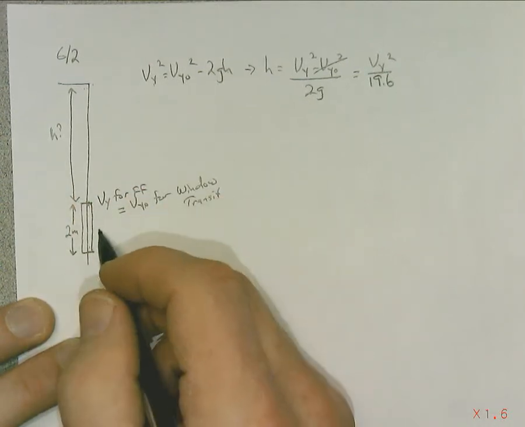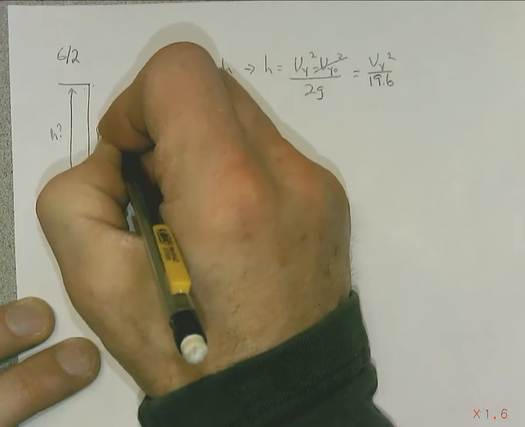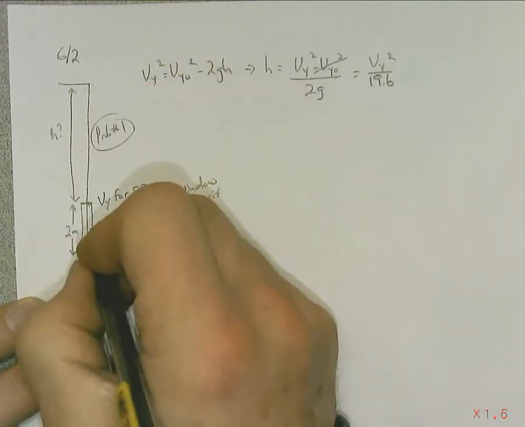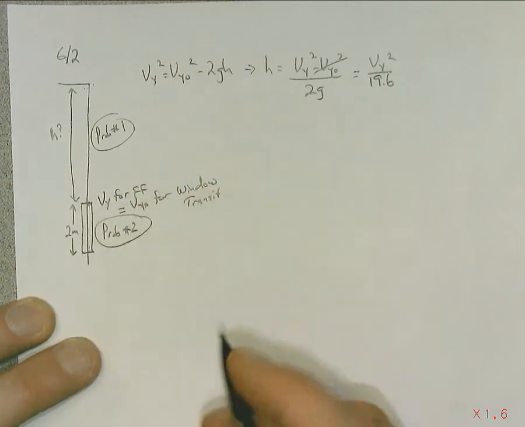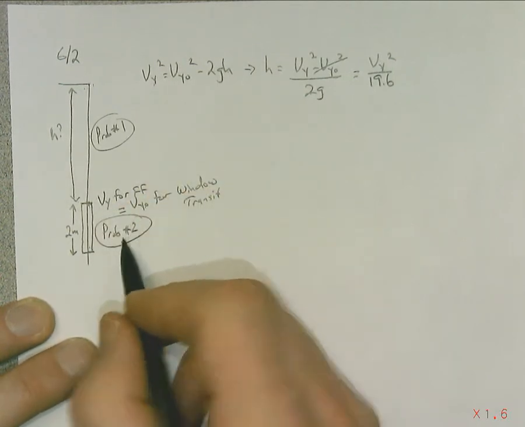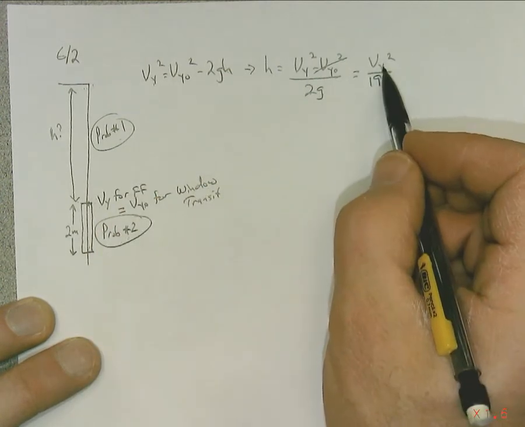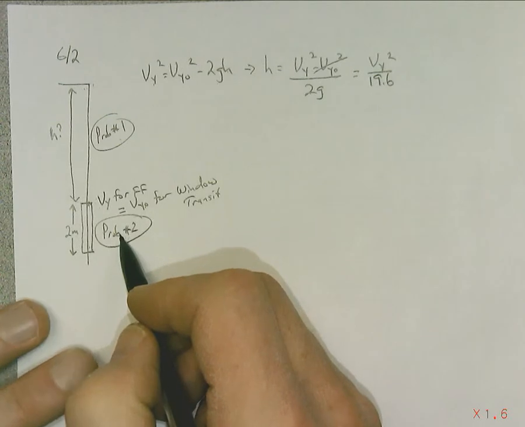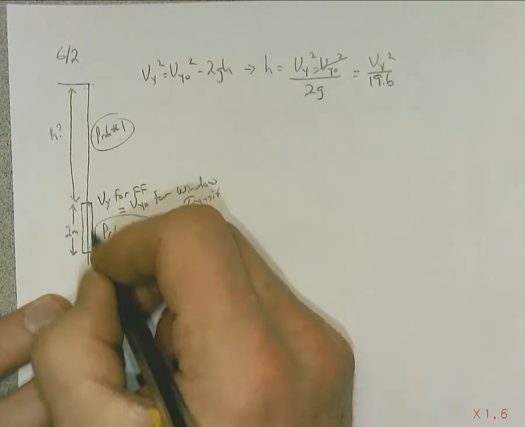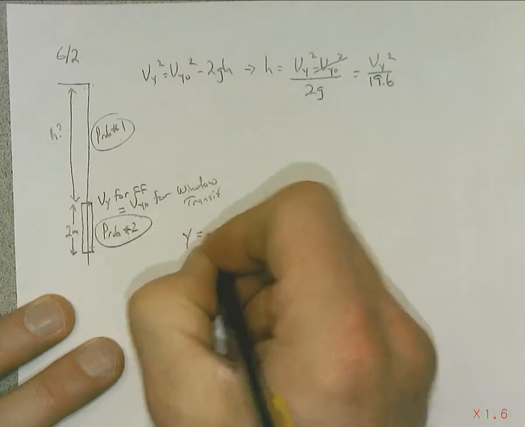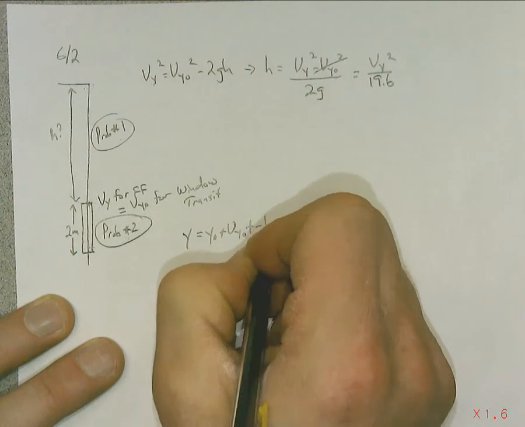So now we have a problem number 1 here, and down here is problem number 2. We really need to solve problem number 2 to take care of problem number 1, which is this. Okay, so for problem number 2, we need to use y is equal to y0 plus Vy0t minus 1/2 gt squared.